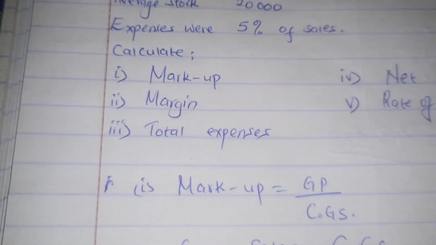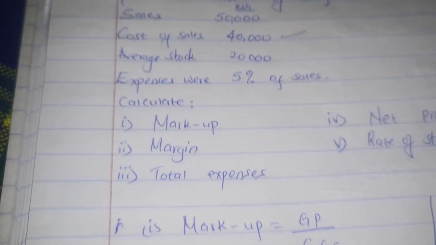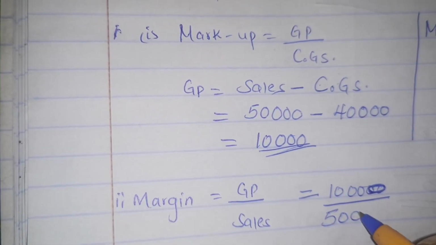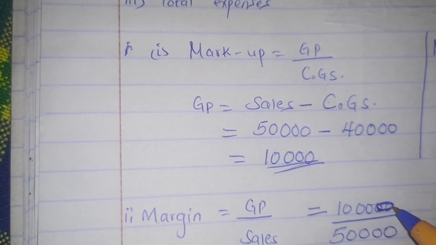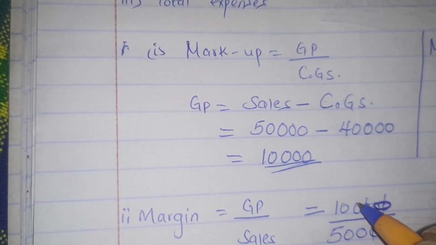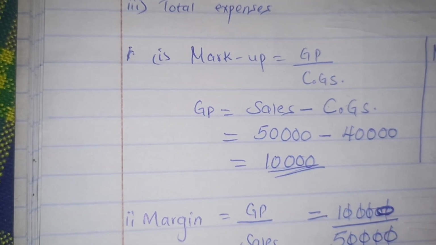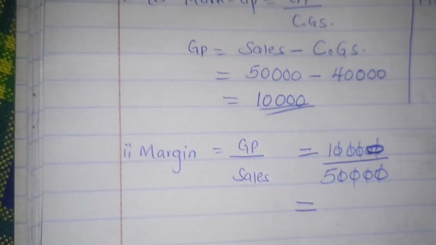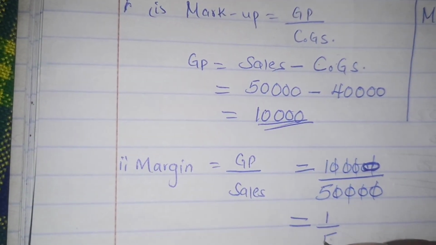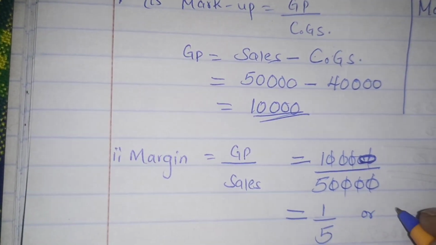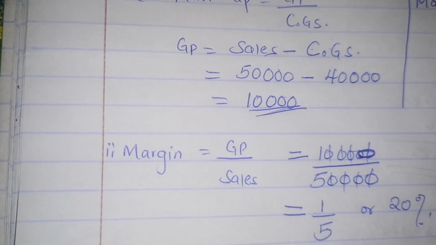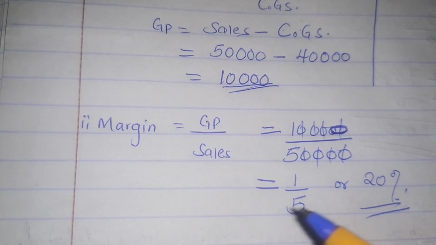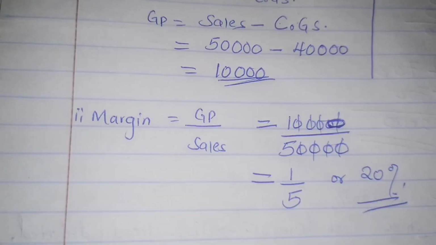And our sales, we are given up there, sales as 50,000. And learners, this gives us 1/5, and 1 divided by 5 is our margin, or you can talk of 20%. A fifth is the same as 20%. You just multiply the fraction by 100.